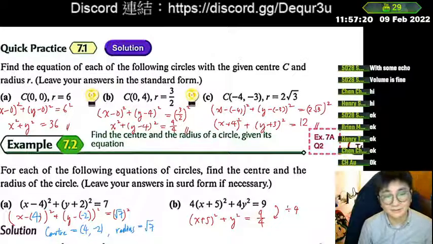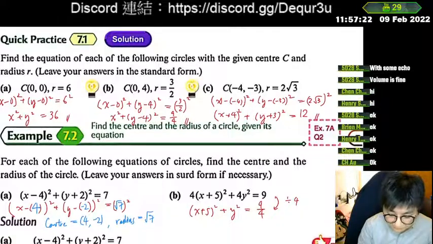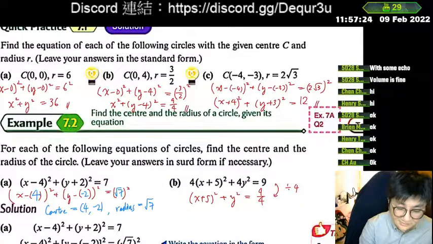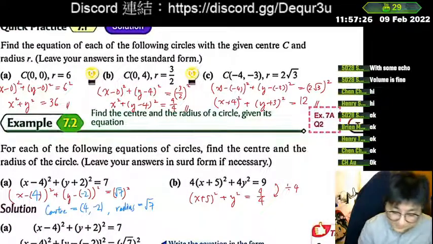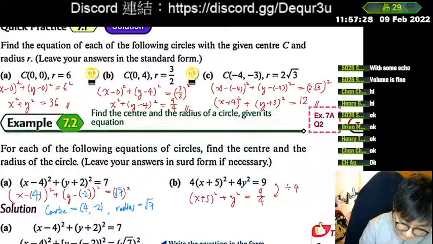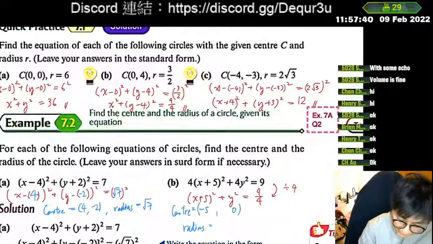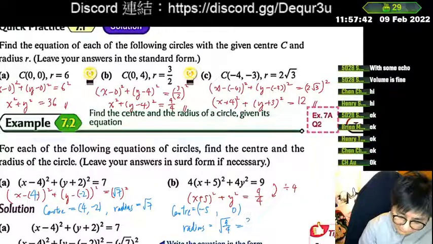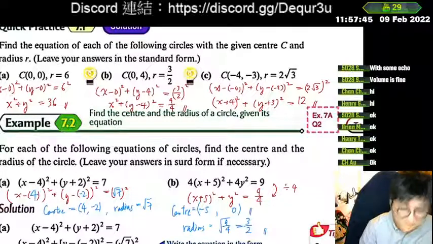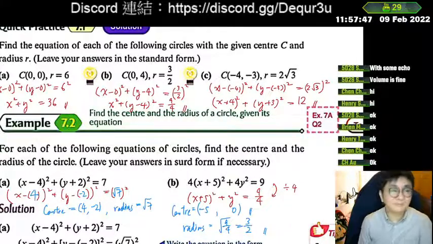Now we can recognize the standard form, which is negative 5 and also 0 for x and y. Therefore, we can directly write down the center negative 5, 0, while the radius will be the square root of the right hand side, which is the square root of 9 over 4, that is 3 over 2.